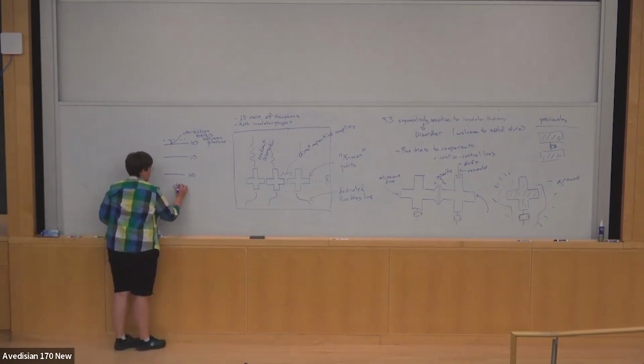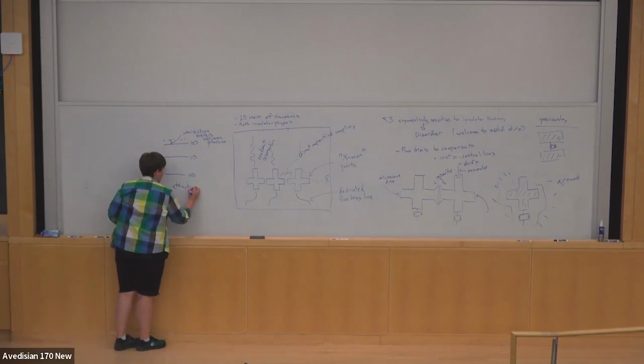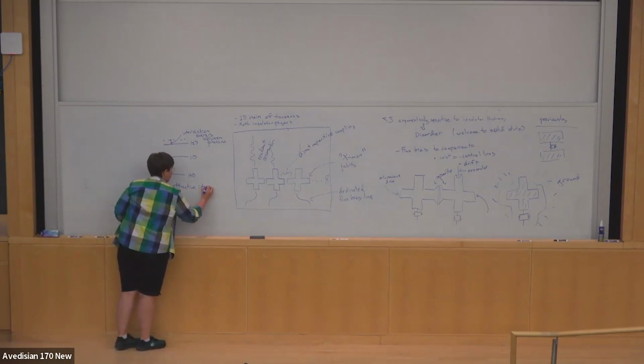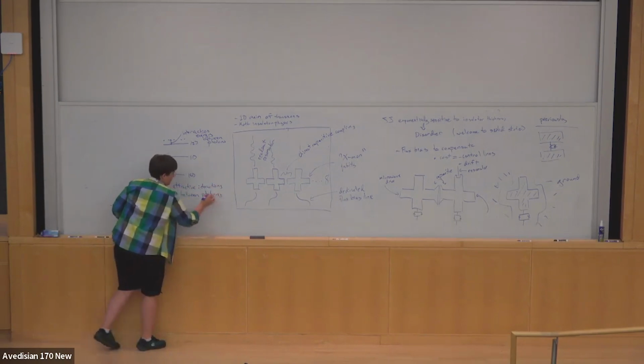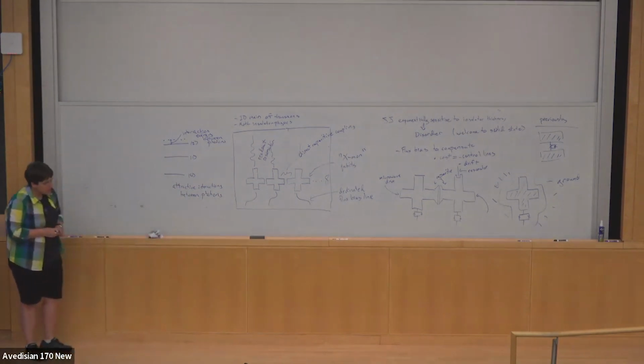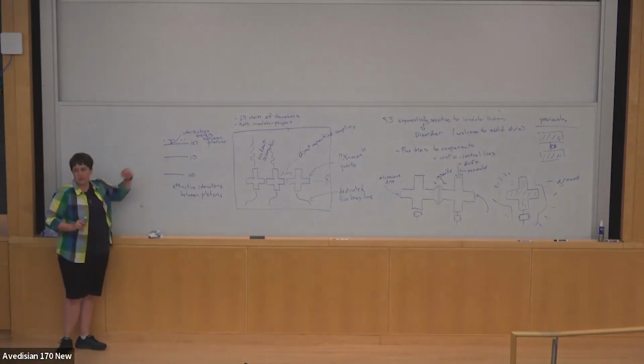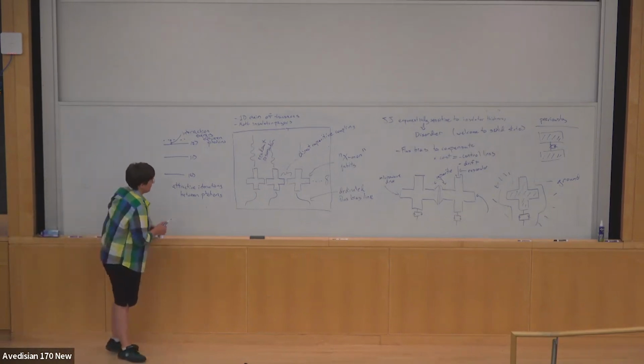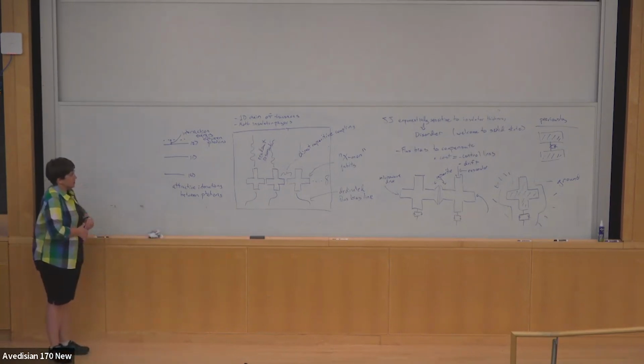So you have attractive interactions between photons. So that's sort of a weird part of these qubit-based lattice machines.